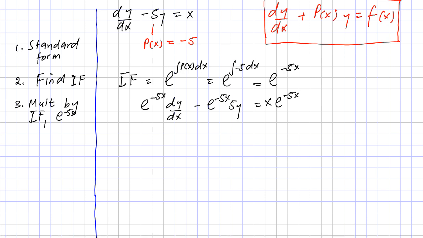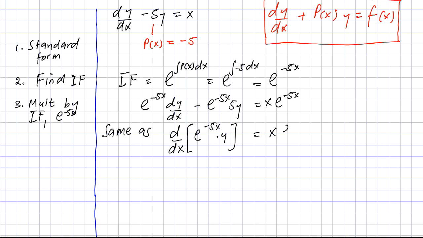We can see that this left hand side is the same as when we are looking for a derivative of e to the minus 5x times y. So the right hand side remains as it is.